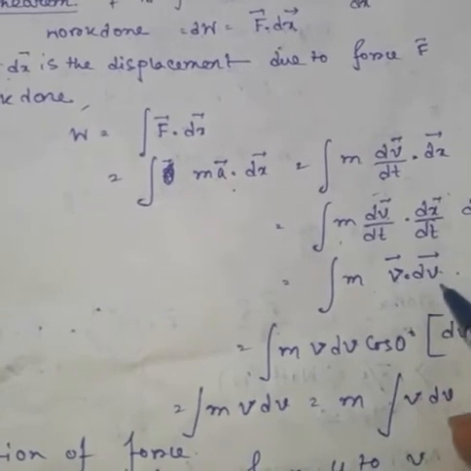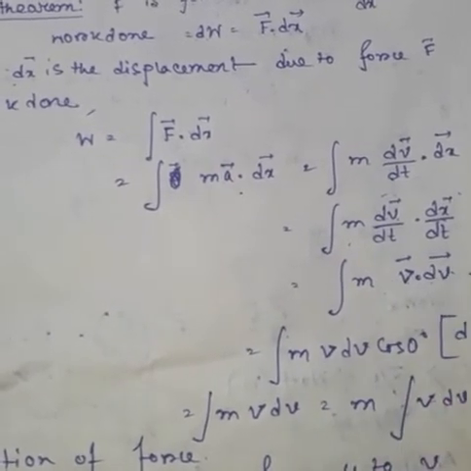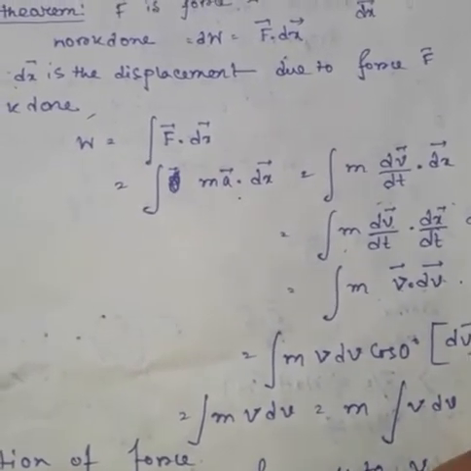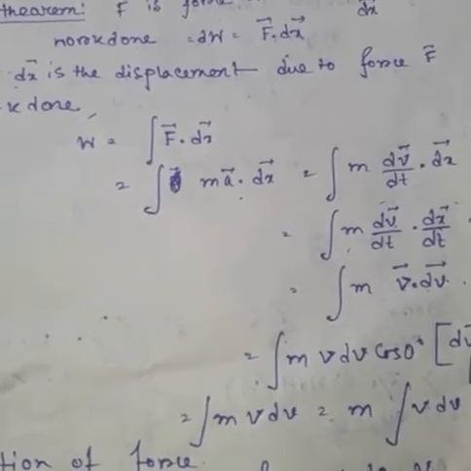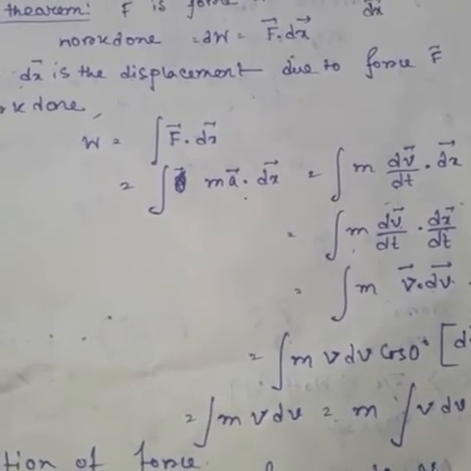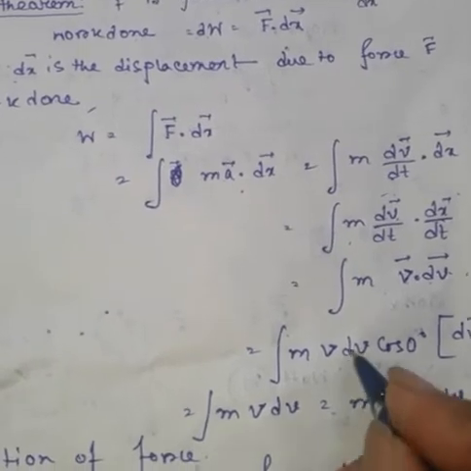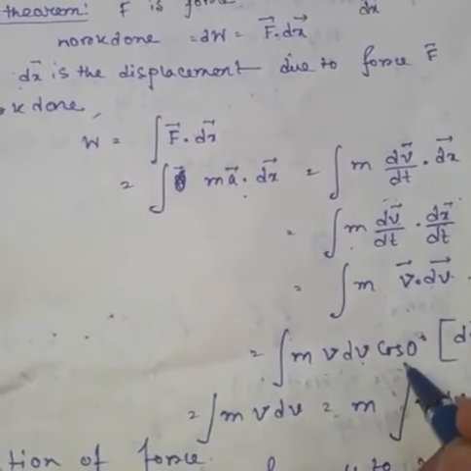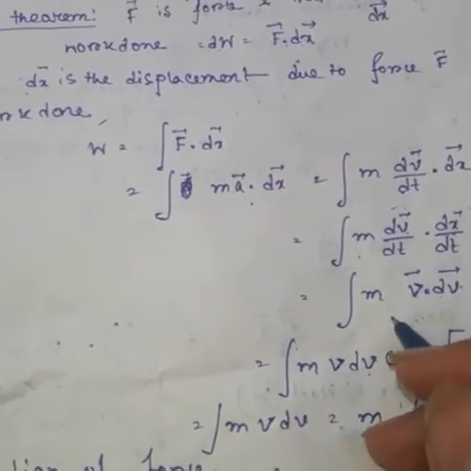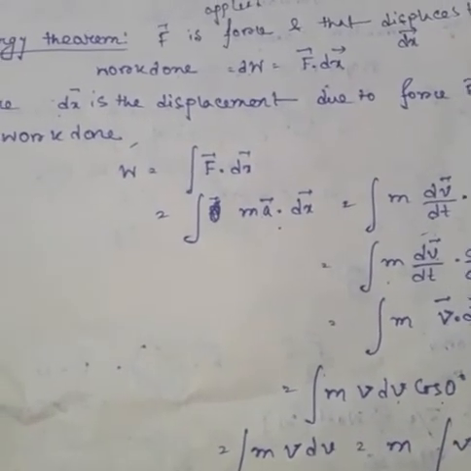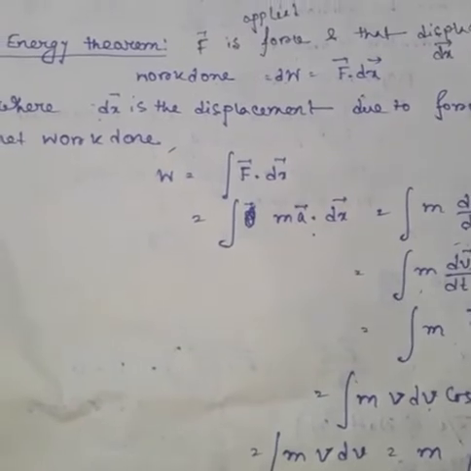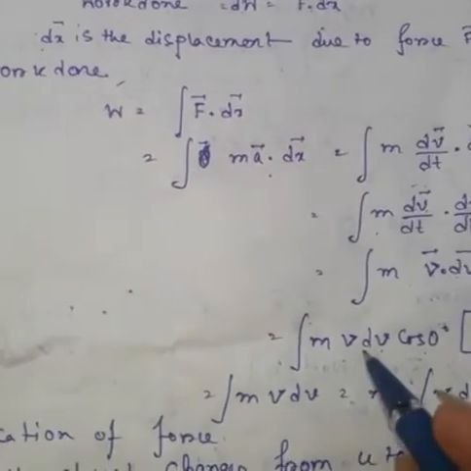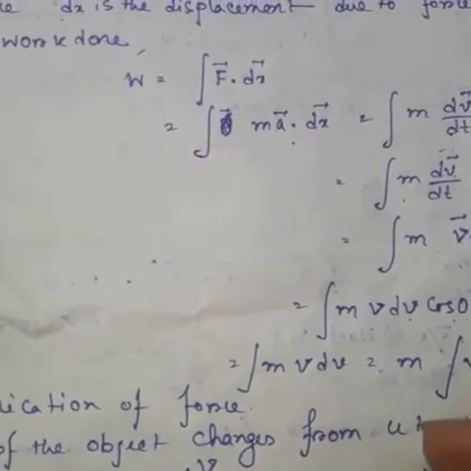A dot B can be written as AB cos theta, so v dot dv can be written as v dv cos 0 degrees. Why cos 0 degrees? Since velocity and change in velocity must be in the same direction, or maybe in the opposite direction. Okay, that must be so.